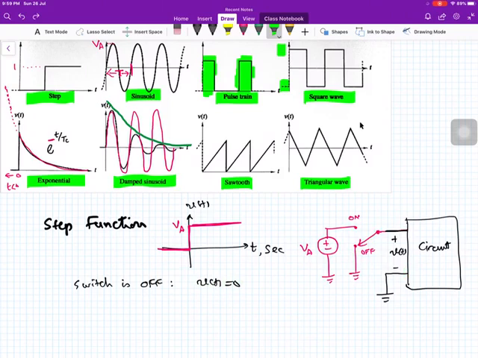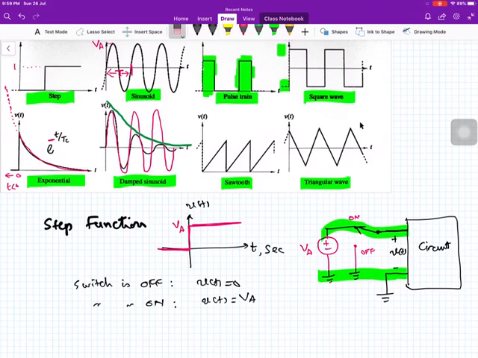When the switch is in the on position, this switch is now here. So what is the voltage? The positive side is connected to the positive side of the voltage source, and the negative side is connected to the ground, and the VA source is also connected to ground. Therefore this v(t) is equal to VA.